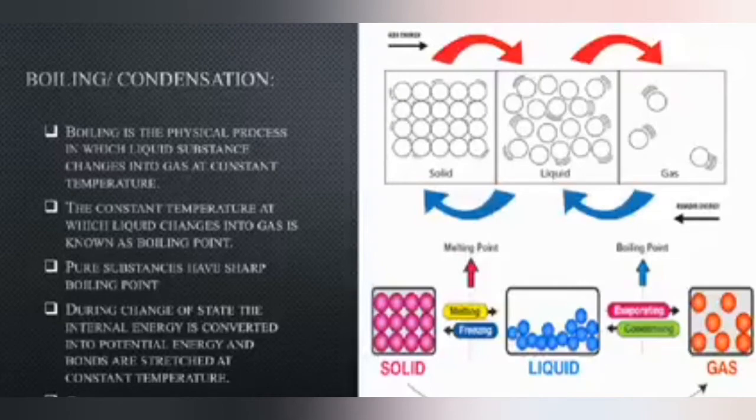Why will they start moving faster? Because kinetic energy is the energy due to motion, and it is related to the temperature. When there is an increase in the kinetic energy, there is an increase in temperature as well. The particles will keep on absorbing the kinetic energy until the boiling point is reached.